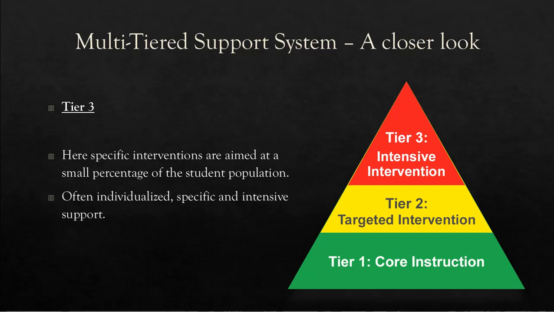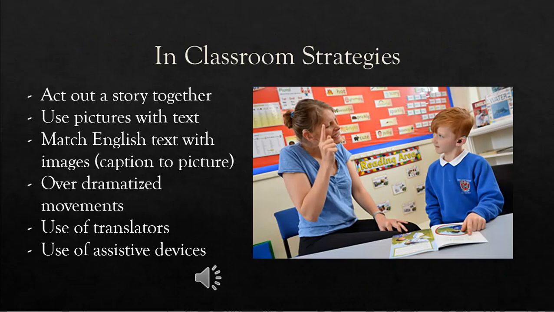There's a long list of classroom strategies for ELL students with hearing disabilities. Some of them can include acting out a story together to be able to fully understand the meaning of that story, using pictures with text, matching English text with images, helping students understand the full meaning of caption to picture.